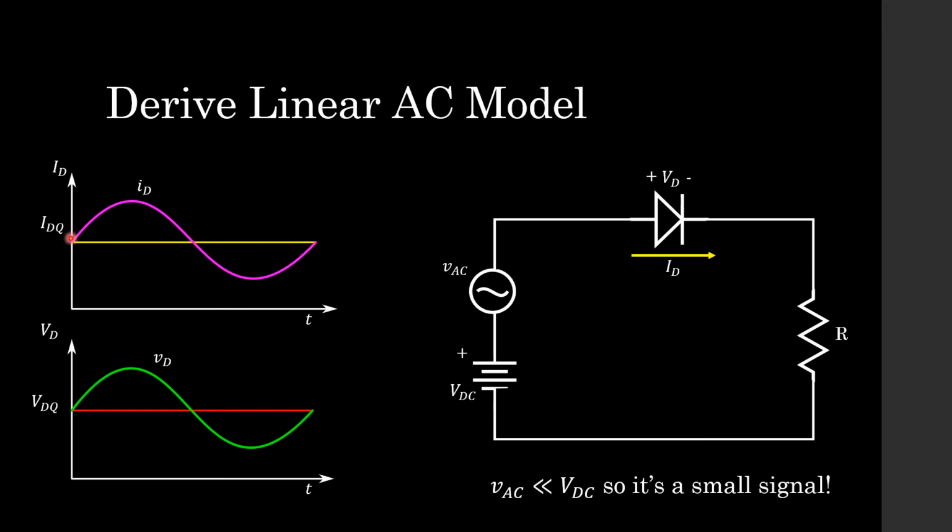On the other hand, this purple curve, which is a small letter id, represents the AC current that is going through our diode. For our voltage VD, VDQ, which is represented by the red line, is the DC voltage across our diode. And this green curve over here, small vd, is the AC voltage that we see across our diode.